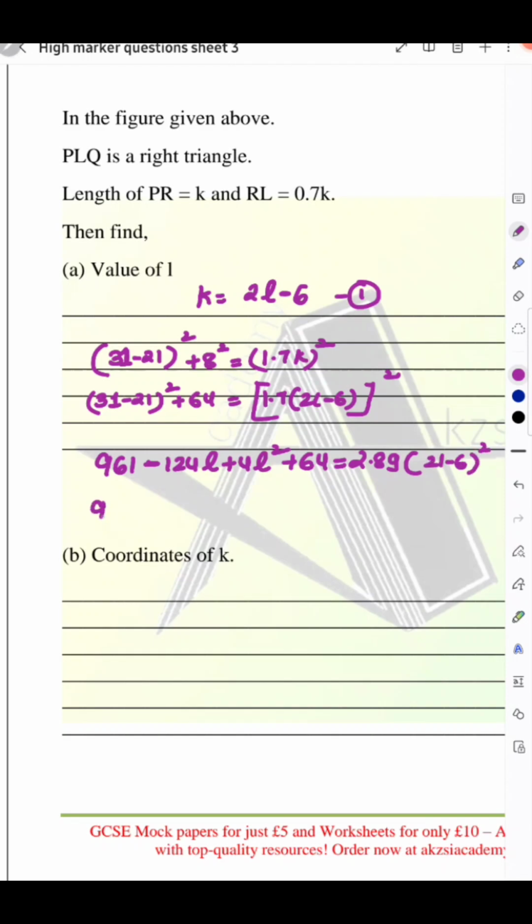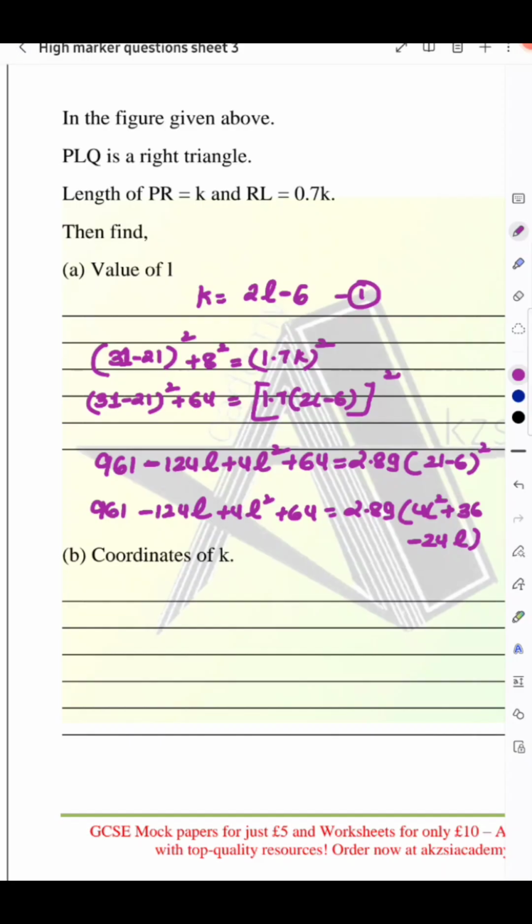So this is 961 minus 124L plus 4L squared plus 64 is equal to 2.89 times (4L squared plus 36 minus 24L).